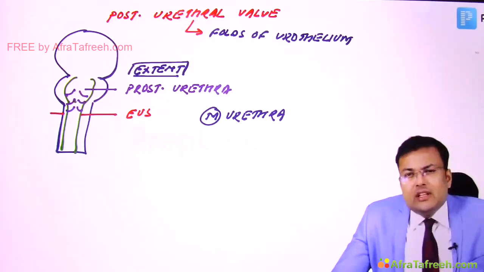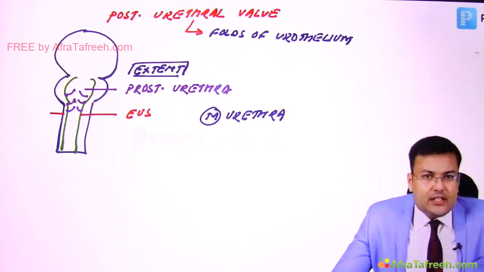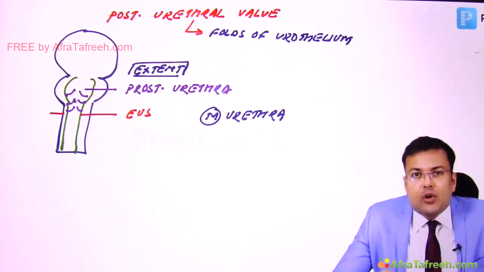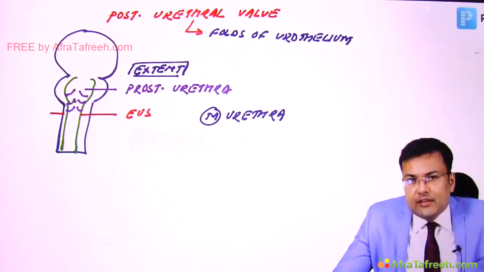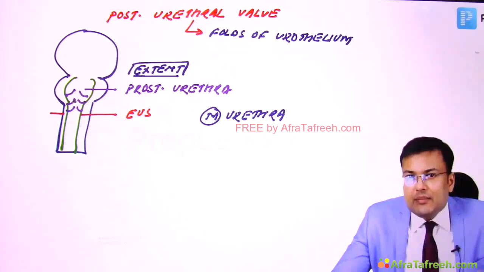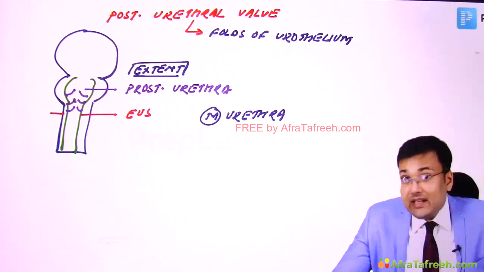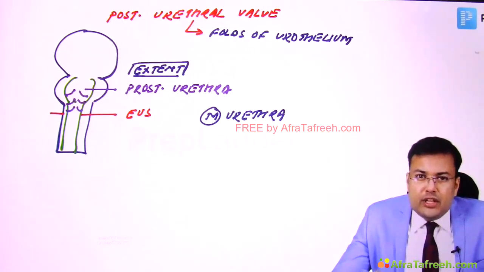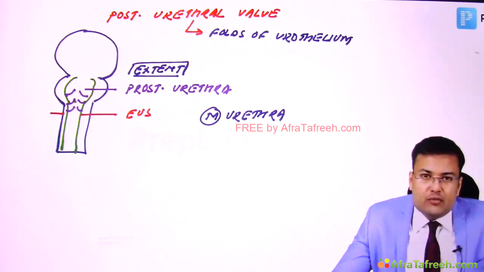I told you that in surgery in various classifications, if the classification starts from 1, 2, 3, 4, 5, generally the most common type is 1. And if classification starts from A, B, C, D, E, generally the most common type is A. There are exceptions, but usually this is followed. So in posterior urethral valve, what is the most common type?